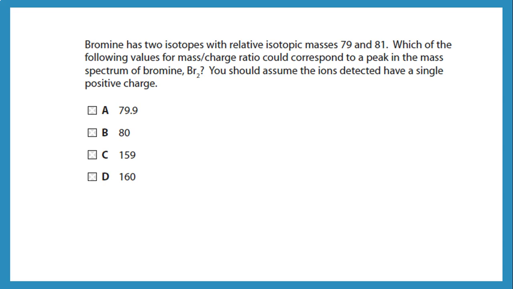Bromine has two isotopes with relative atomic masses 79 and 81. Which of the following values for mass over charge ratio could correspond to a peak in the mass spectrum of Br2? You should assume that the ions detected have a single positive charge. So we're saying we have Br2. Now, which peaks do we have?